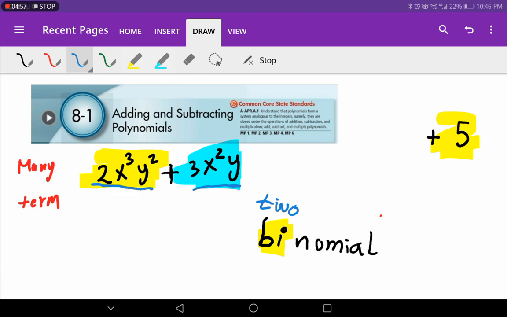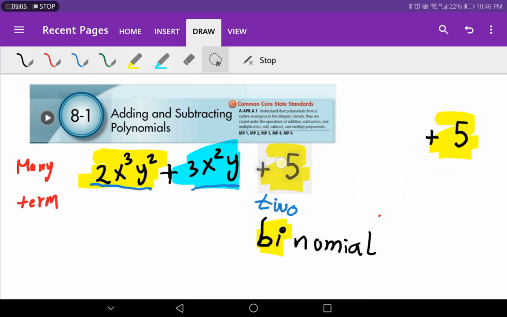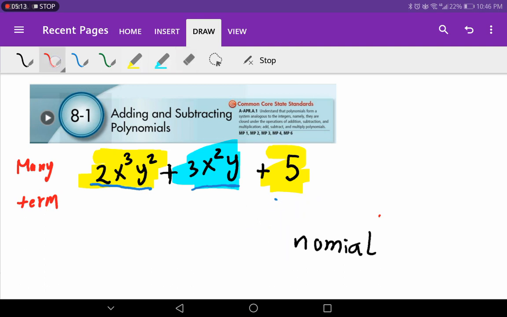If I have this also here, now it is a three-term polynomial. How many terms do I have here? Three, and instead of this I will replace it by trinomial. Trinomial means we have three terms.